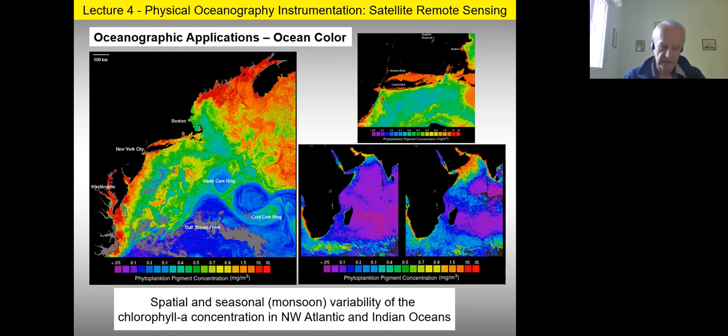That water has also specific biological characteristics, which are clearly explained here by this frontal area, where on one side you have the open ocean, poor in chlorophyll, and on the other side you have the other part of the ocean which is rich in chlorophyll.